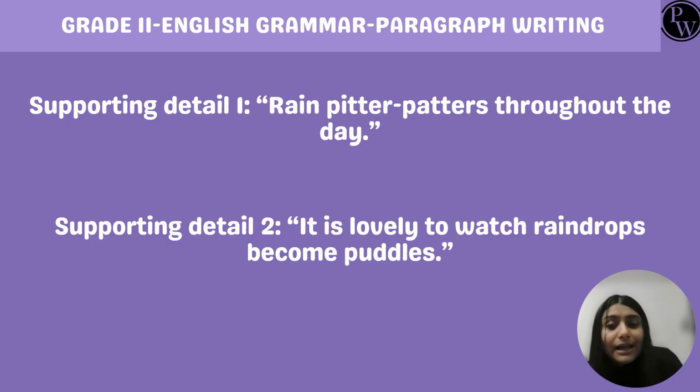For example, we had supporting detail number one: rain pitter patters throughout the day. Then the second supporting detail was it is lovely to watch raindrops become puddles. So supporting details support the paragraph by providing descriptions.